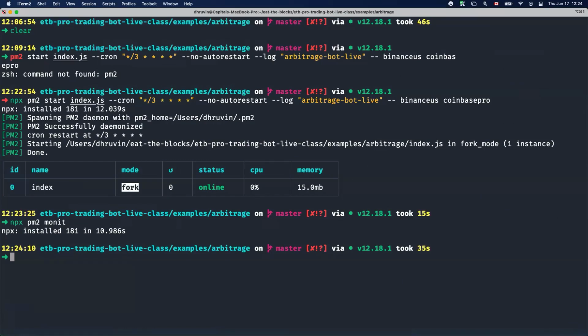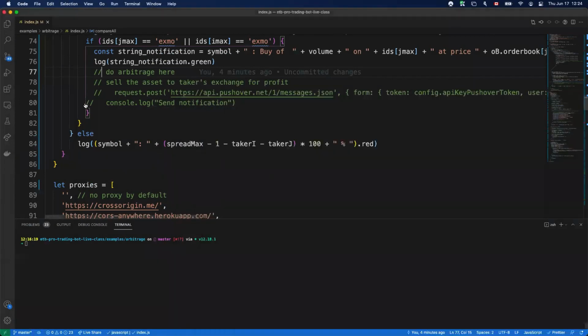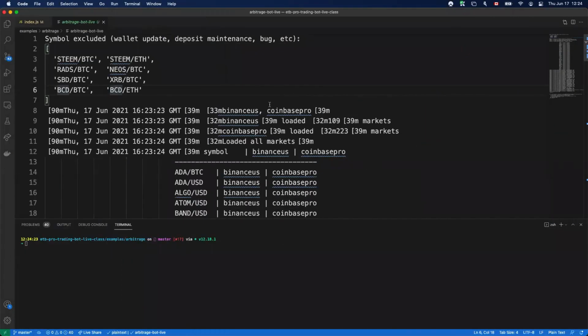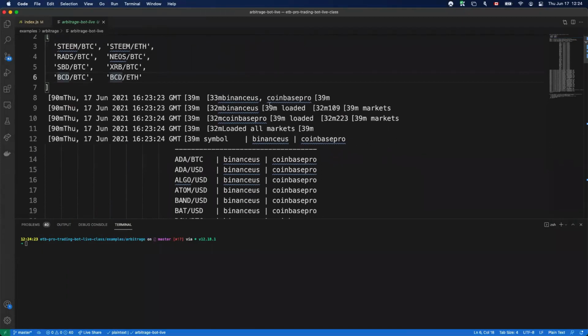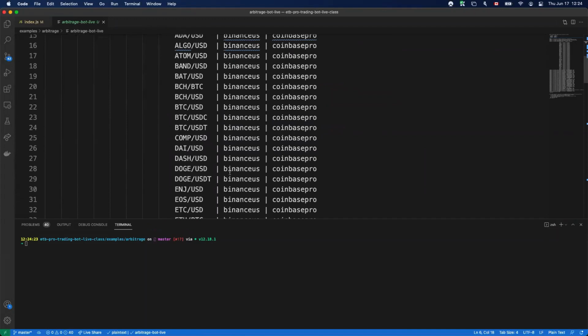If you remember, we are saving the logs into a file called arbitrage bot live. This is where the data will be permanently stored as a log, and it also has the time logged in UTC format.